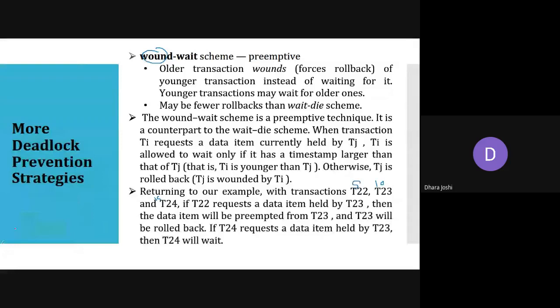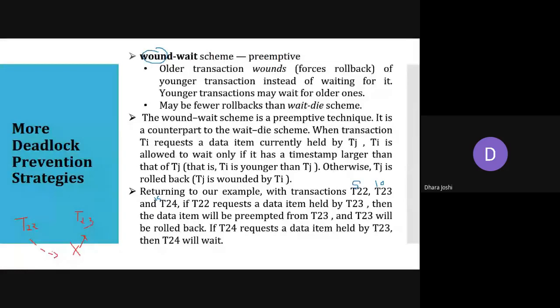We have three transactions, but we are just talking here about T22 and T23. T23 already has data item X acquired and T22 requested the same.